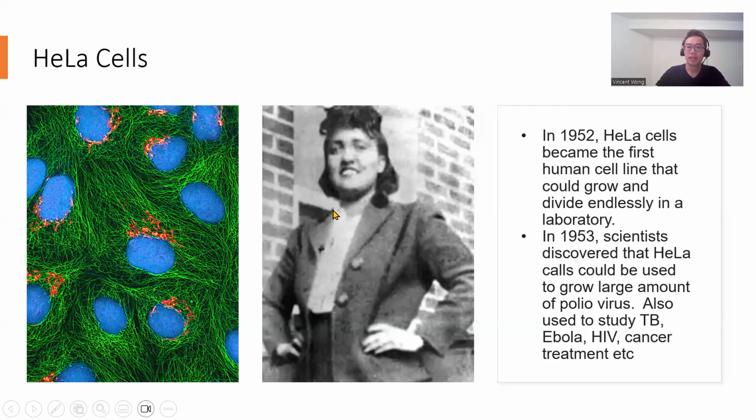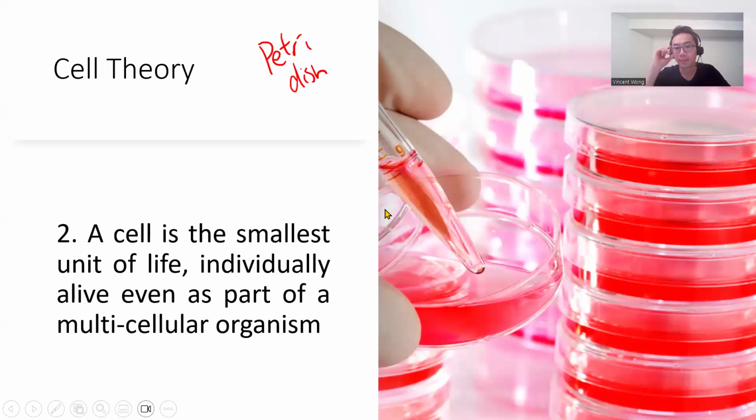Sorry to interrupt, Professor. You said a cell is individually alive. If we die, would the cells still be alive for a bit? When we die, the cells don't die right away, but they cannot live on for too long.